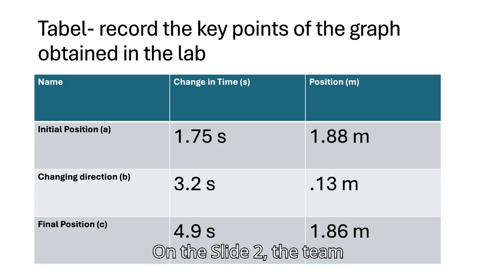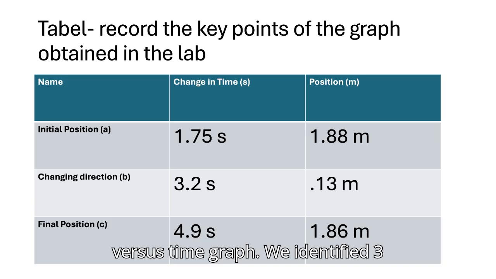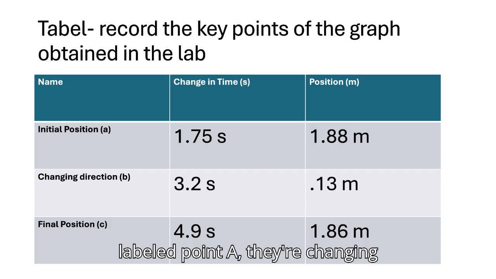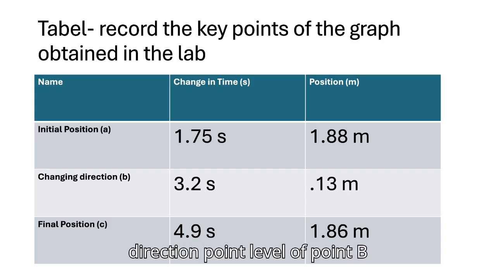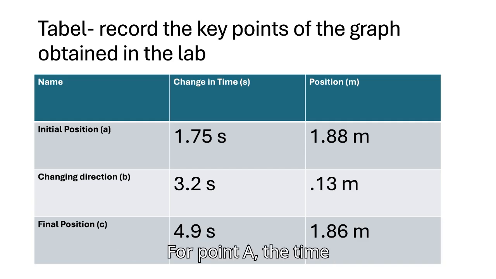On slide 2, the team recorded the key points from the position versus time graph. We identified 3 important points: the initial position, labeled point A, the changing direction point, labeled point B, and the final position, labeled point C. For point A, the time was 1.75 seconds and the position was 1.88 meters.